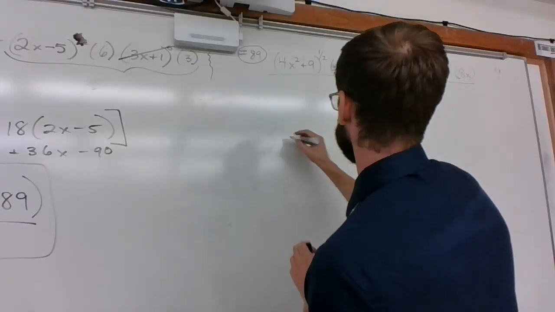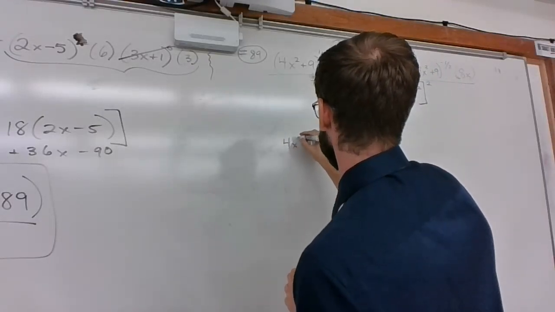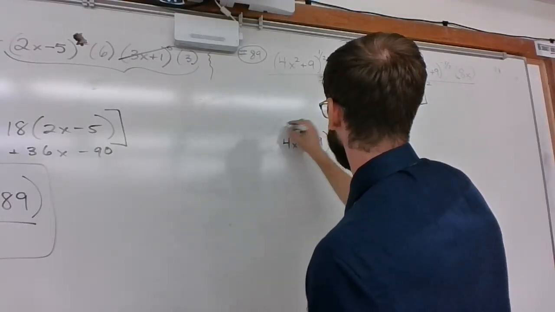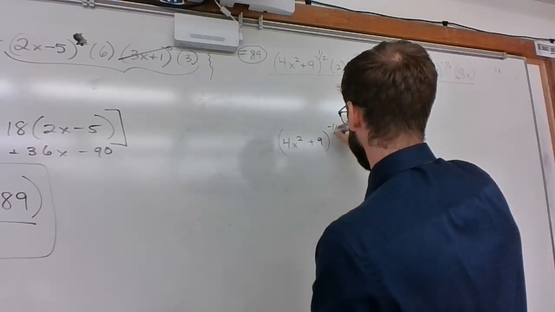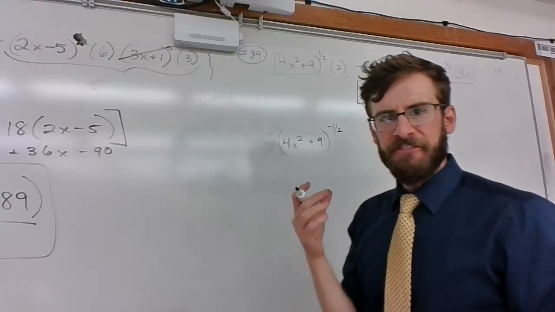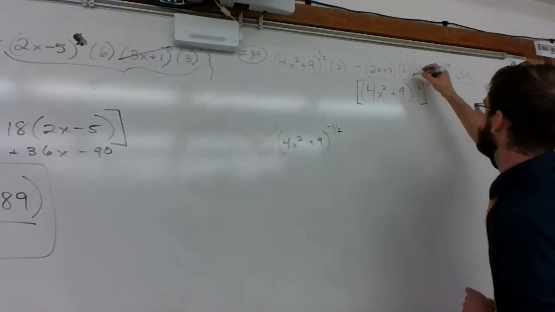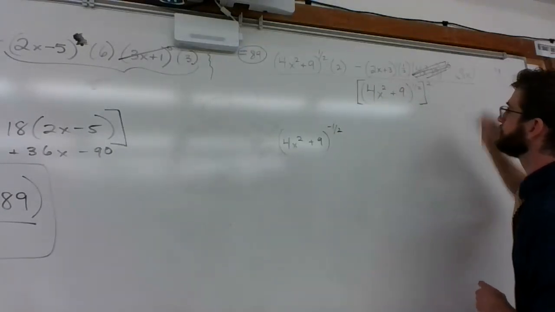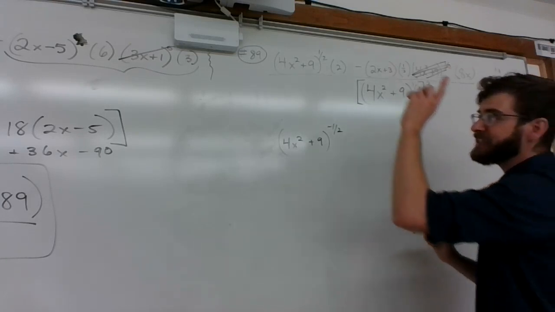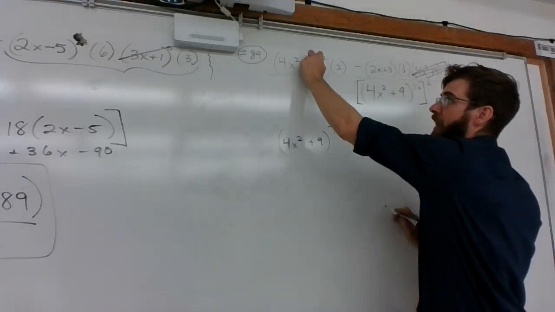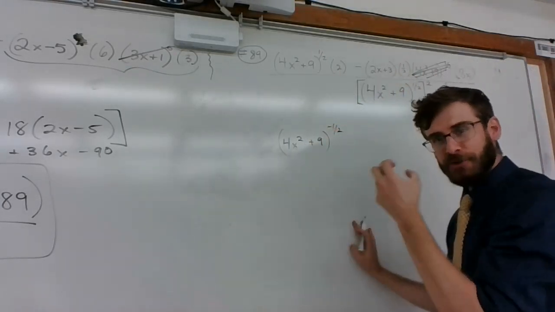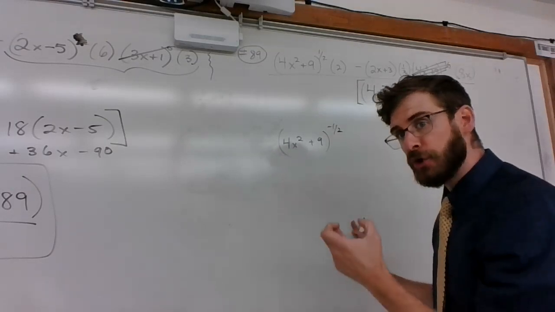So I am going to take this 4x squared plus 9 to the negative half, and we're saying it's being factored out of this, so that's gone completely now. And when it gets factored out of this, remember, we just take the 1/2 and subtract it. Factoring is division of the thing you took out.